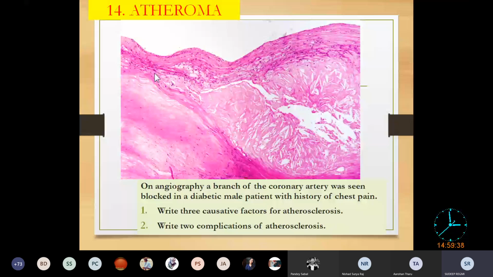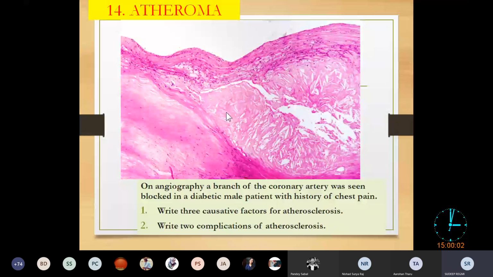So this is the luminal side, right? Part of the artery is seen, where this is the luminal side of the artery. Here you can see a necrotic core with cholesterol crystals.